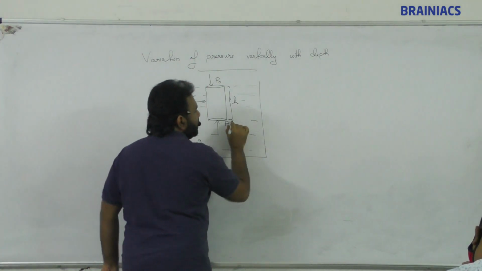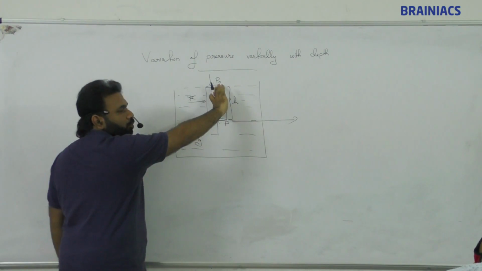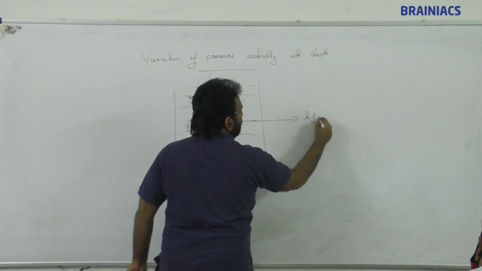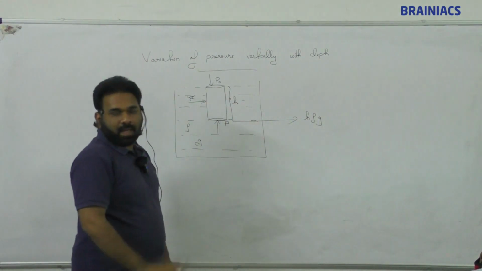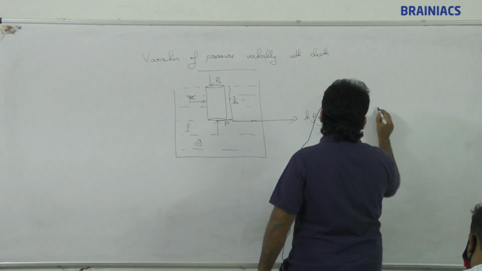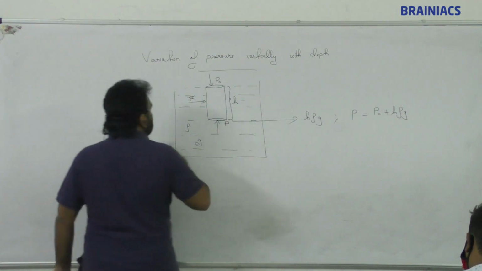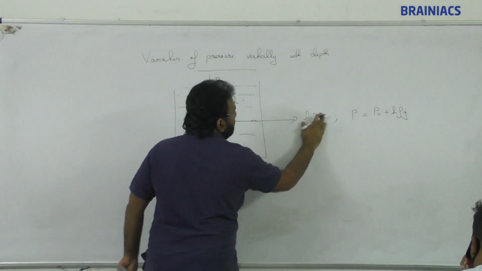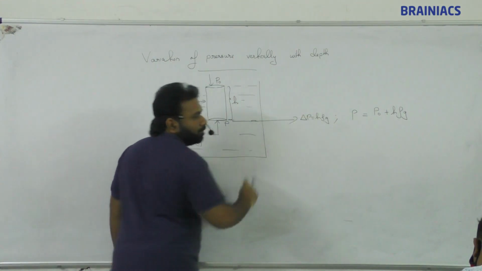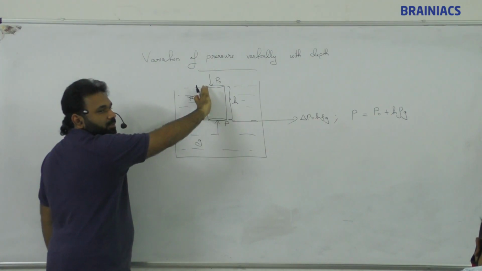Then the pressure due to this much fluid will be H rho g, and this pressure P is nothing but P0 plus H rho g. So the difference in pressure between these two points is H rho g. I repeat.